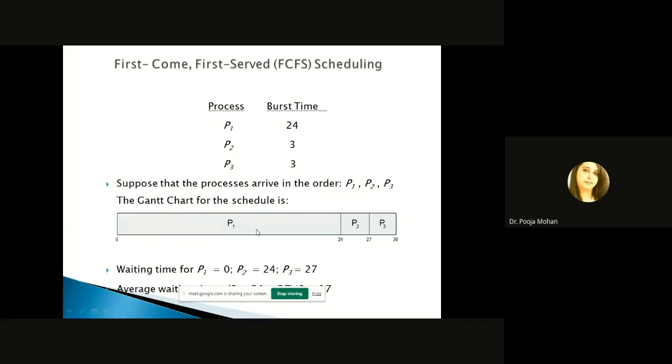After P1, next is P2. The CPU will be allocated to process P2 for 3, it can be milliseconds, right? At 24, P2 has started, so it will be complete by 27. Then there is P3. The CPU will be allocated to P3 at 27, and it will complete its execution at 30. So is it clear or any doubt here?